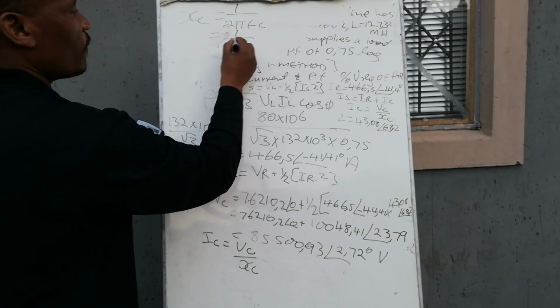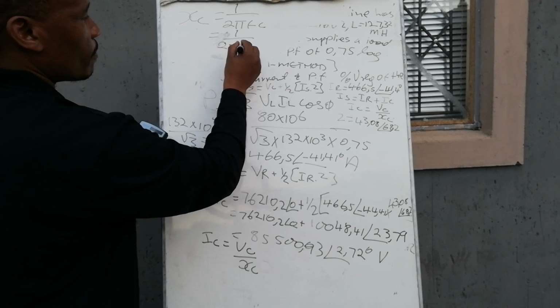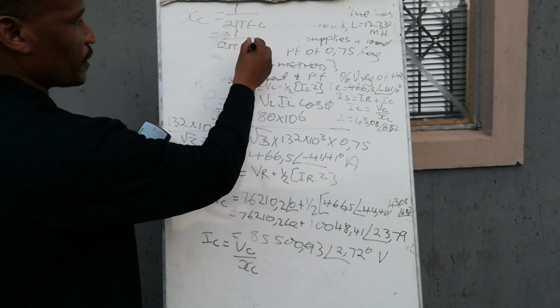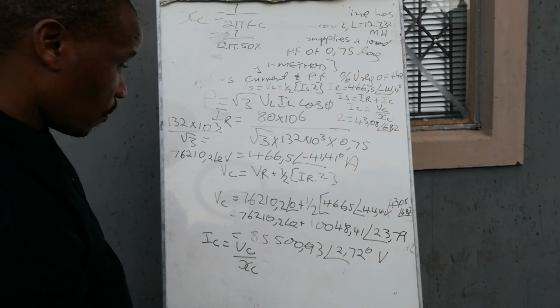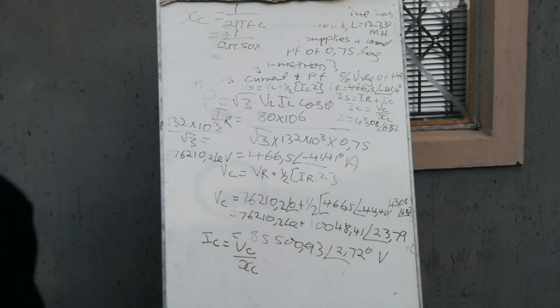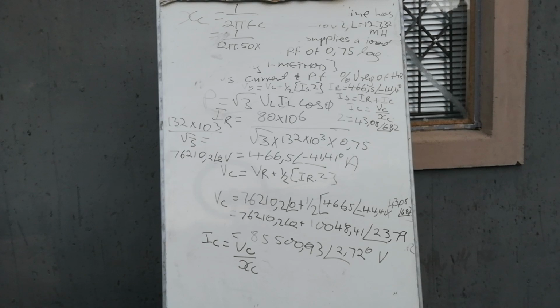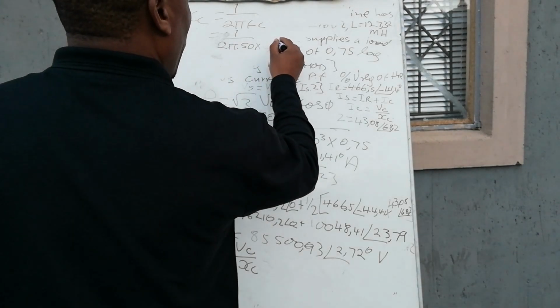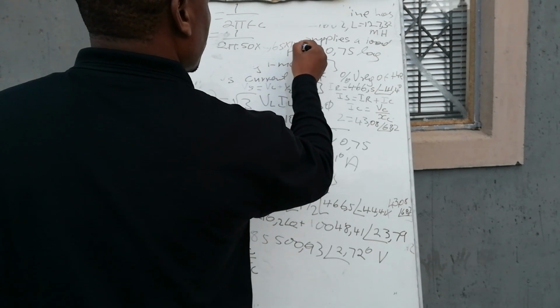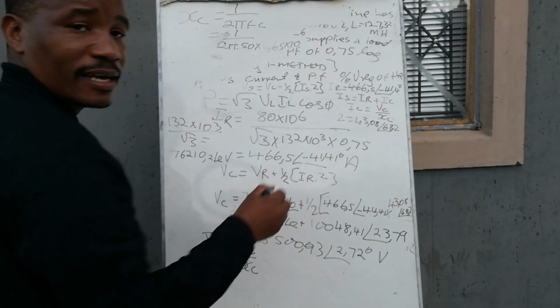And this is 1 over 2 pi multiplied by 50, which is given, multiplied by the capacitance of 2.65 multiplied by 10 to the power minus 6.